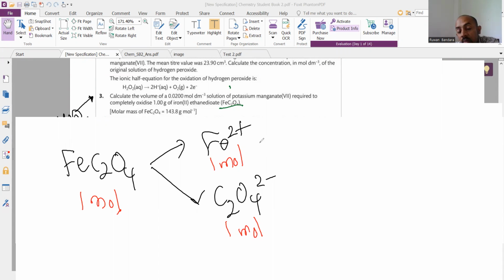Is this clear? To react with 1 mole of Fe2 plus, you need 1/5 of MnO4 minus, because the ratio is 1 to 5. Is that clear?